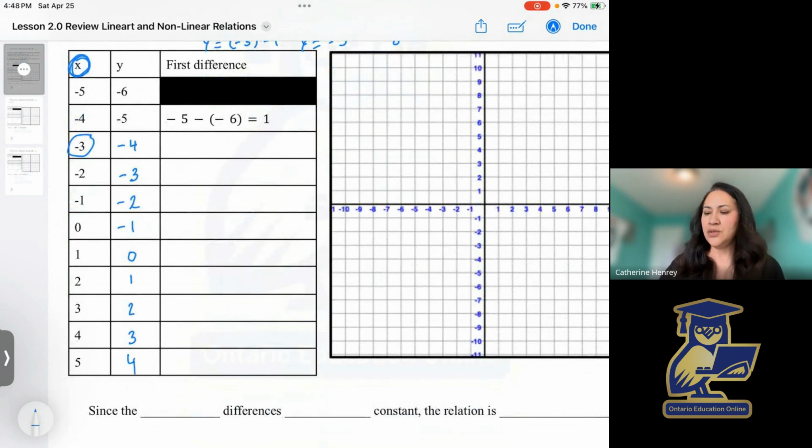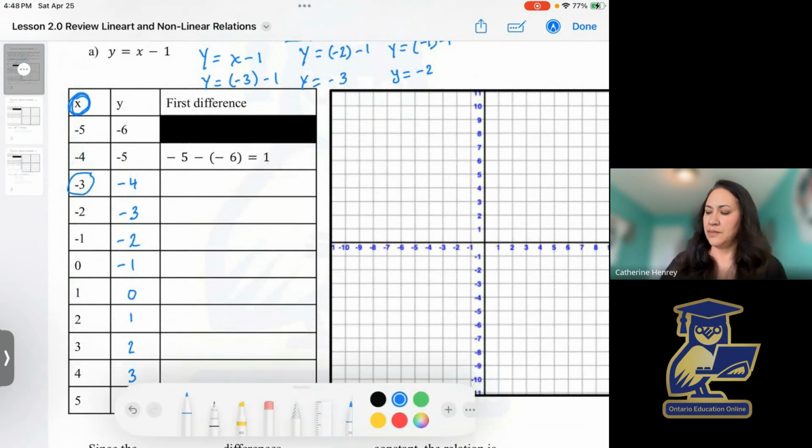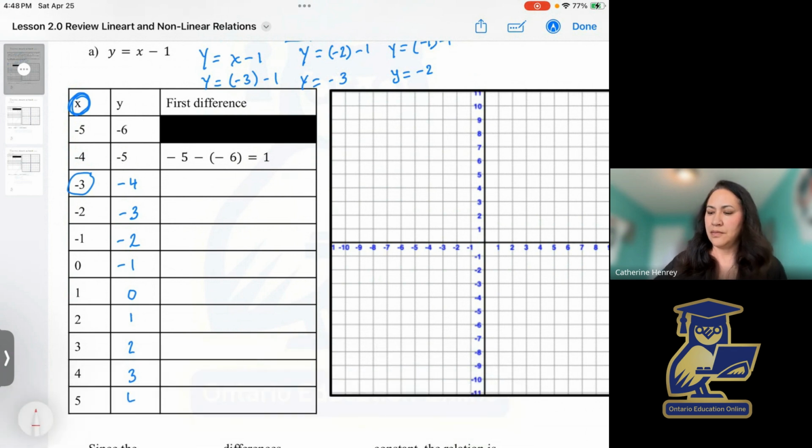Now what we want to do is find the first difference. So the first one is done for you. We had -5 minus -6, so the one above it. So let's fill in what the next one would be.